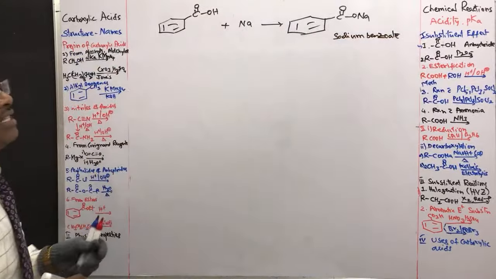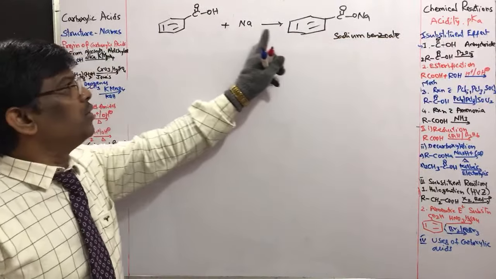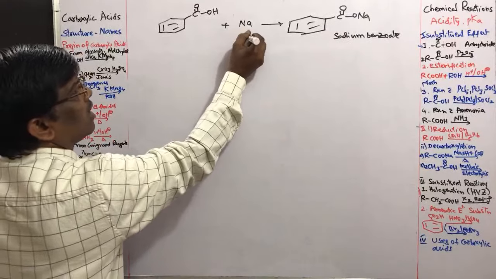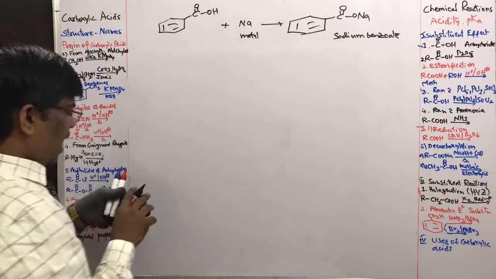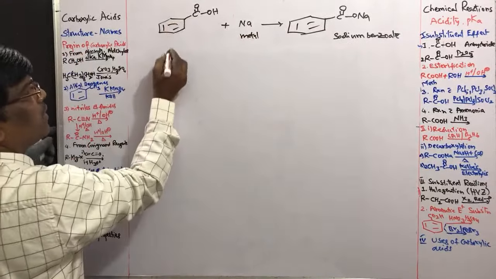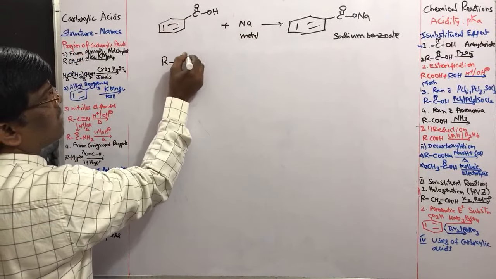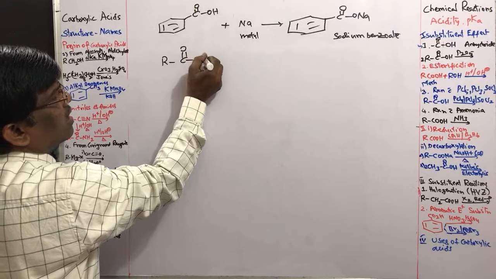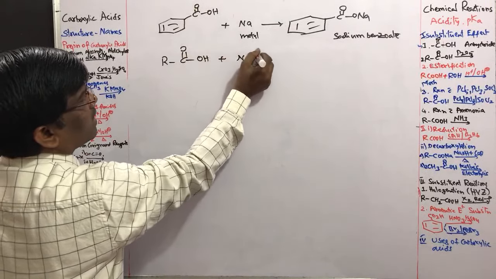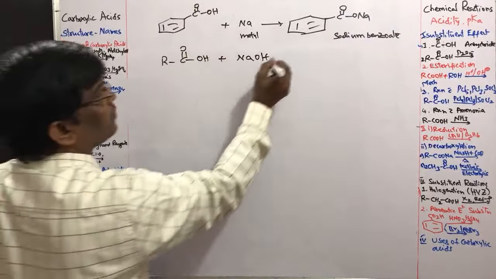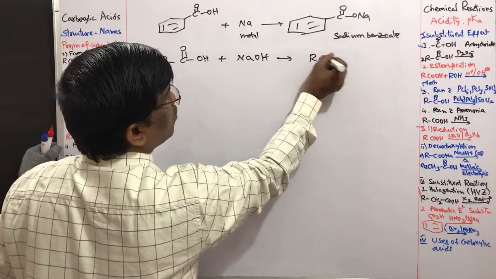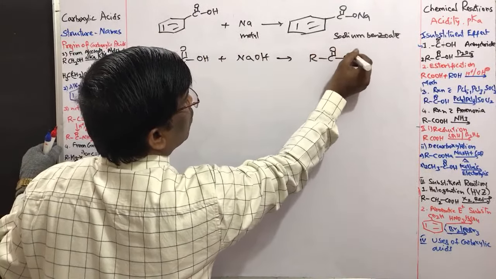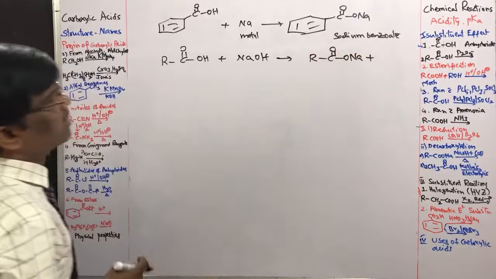This salt can be formed using sodium metal, and it can form, let me take it as any acid, not only this carboxylic acid, any acid, and it can form salt with NaOH to form this ONa plus water.